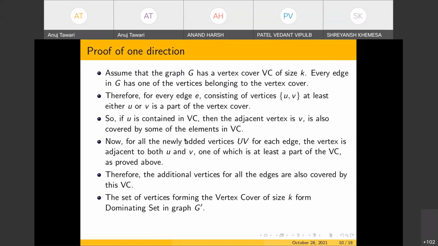So hopefully it's clear. For newly added vertices, this vertex is adjacent to both U and V, one of which is at least a part of the vertex cover. Therefore, the additional vertices will also be covered by this vertex cover.